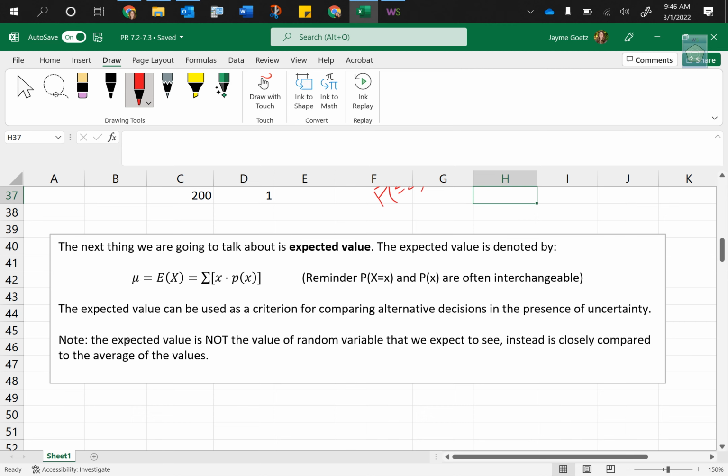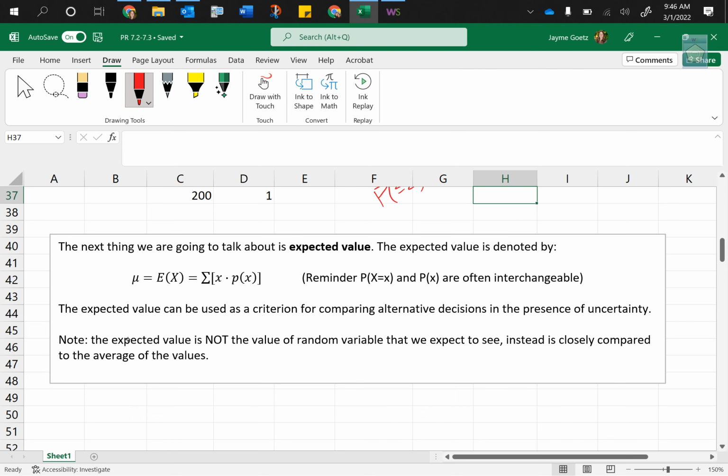That's why we're using the same symbol. Mu, which can also be referred to as capital E of x, which represents expected value, is found by taking the sum of each value times its probability. The expected value can be used as a criterion for comparing alternative decisions in the presence of uncertainty.